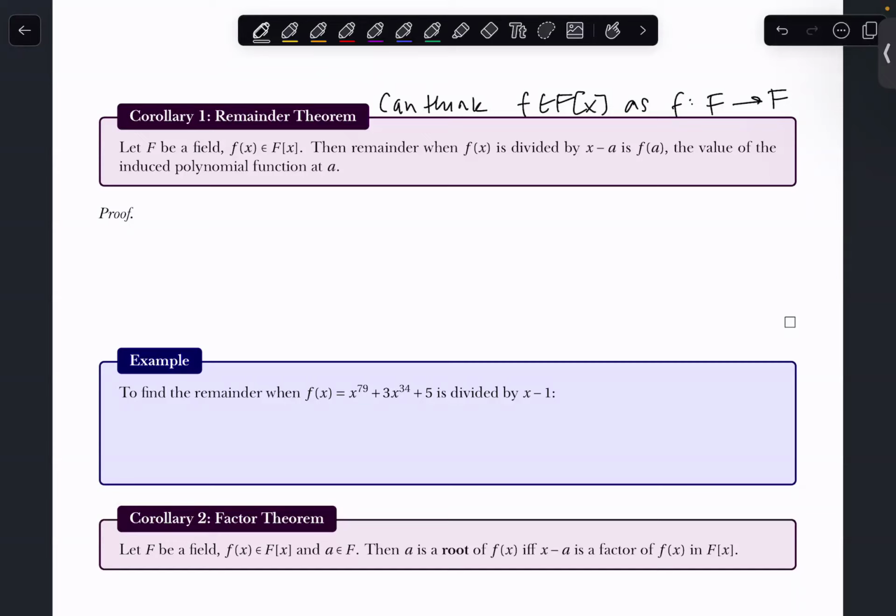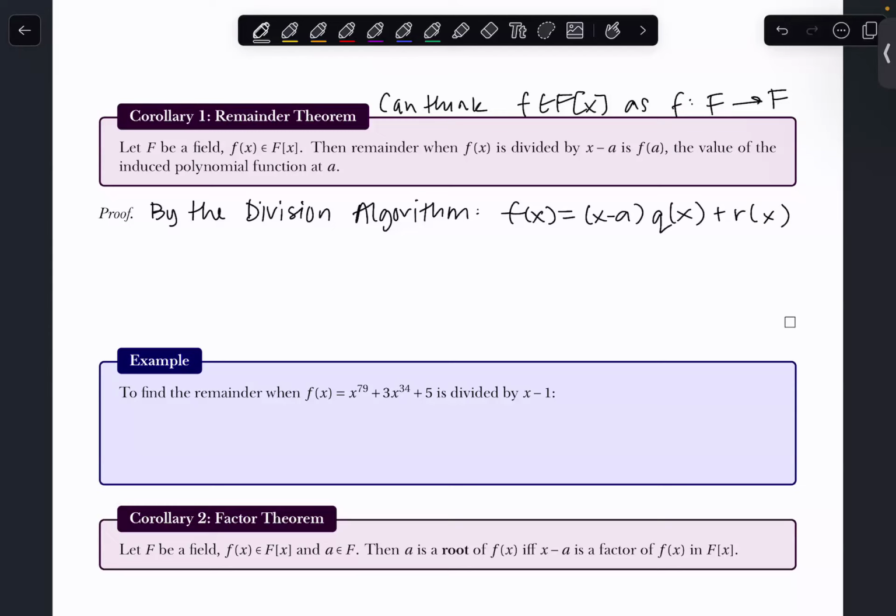If I plug in something from my field, I should get back something from my field if I plug it into my polynomial here. Okay, so here what we're going to do is use our division algorithm to divide these. Our division algorithm tells us if I want to think about dividing f(x) by x minus a, I can write f(x) as x minus a times some other polynomial, plus some remainder.